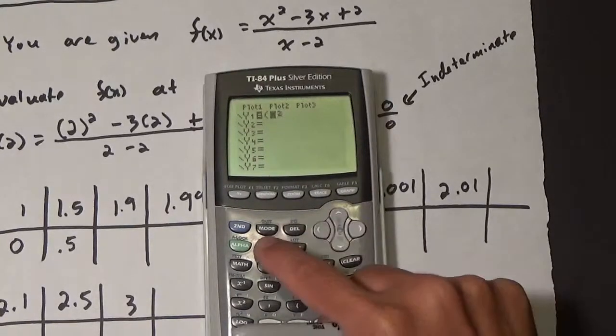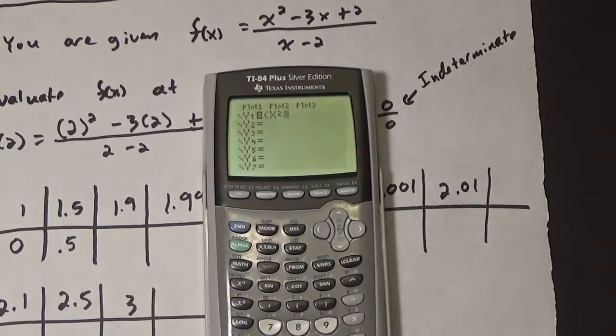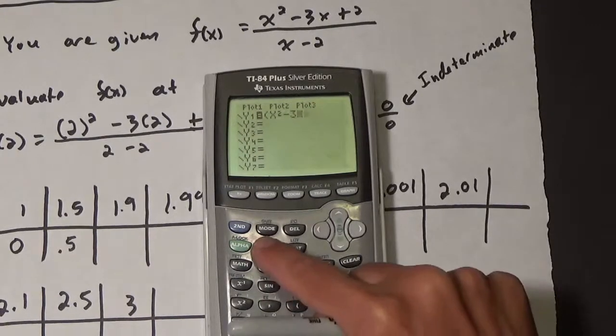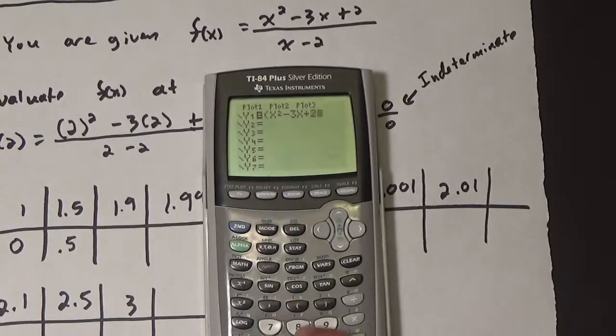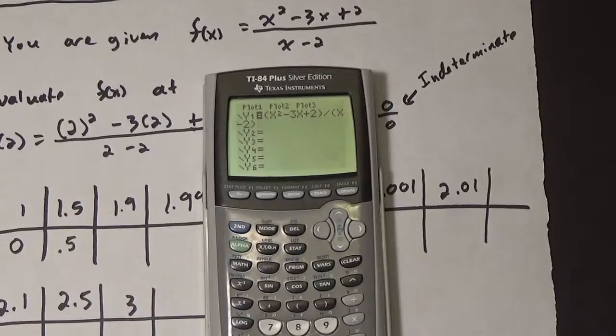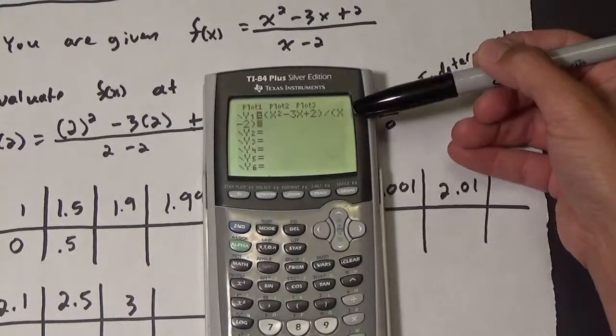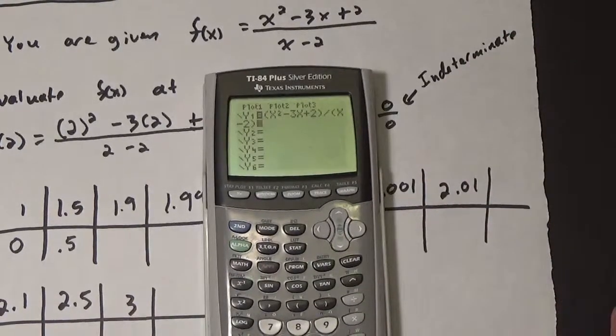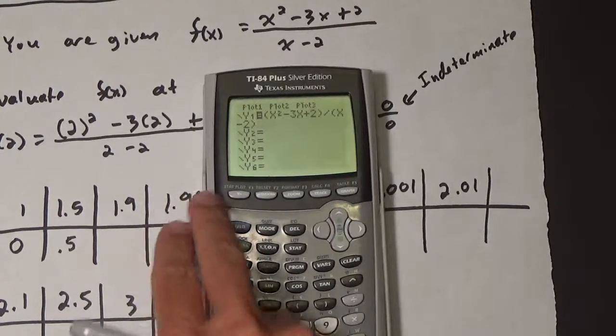So what I hit was x squared minus 3x plus 2. I'm going to close parentheses, and I'm going to divide that by x minus 2. Alright, so I put my function into the calculator, into this y equals part.